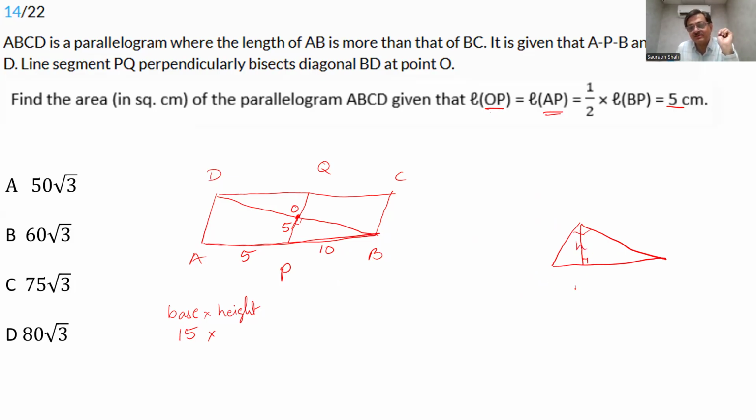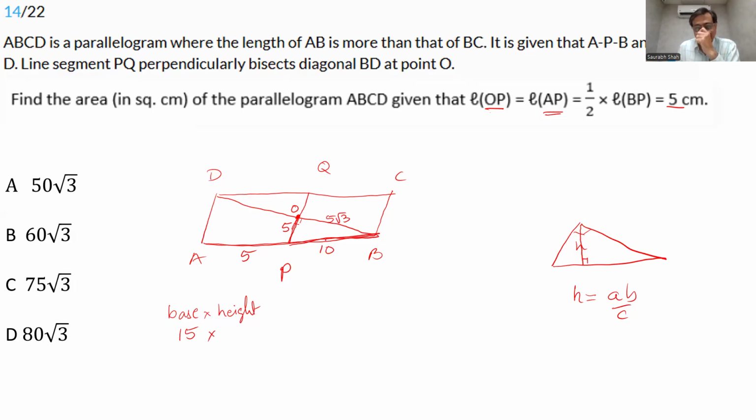If I say this is H, then we remember one of the equations that H is equal to AB by C. Now, OP is 5. The base is 10. By Pythagoras also we can use it, or by 30. This happens to be a 30, 60, 90 triangle. So this is 5 root 3.